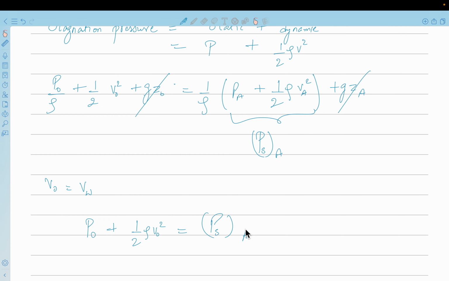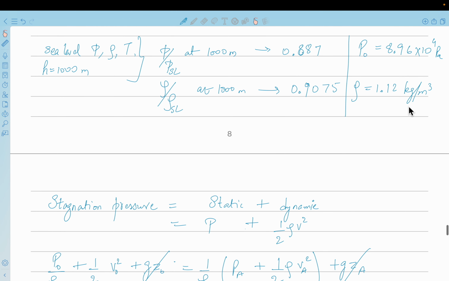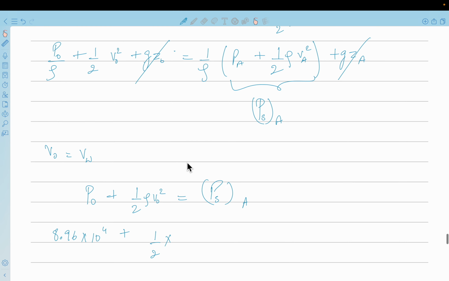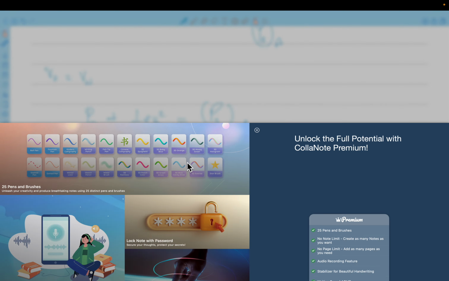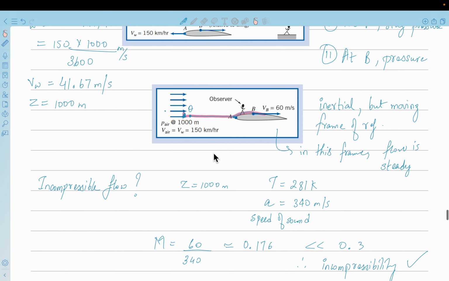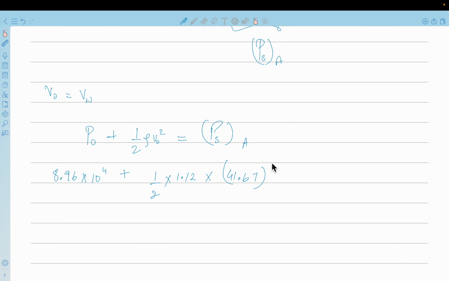stagnation pressure at A. P0 we have already given here, 8.96 into 10 power 4 plus half density, which again I have given you here 1.12, into V0 square. So this velocity you had just now found over here, 41.67 meter per second. So that's 41.67 square.